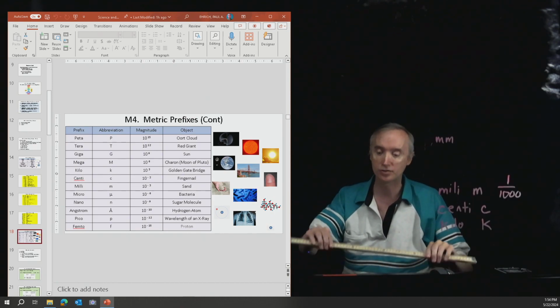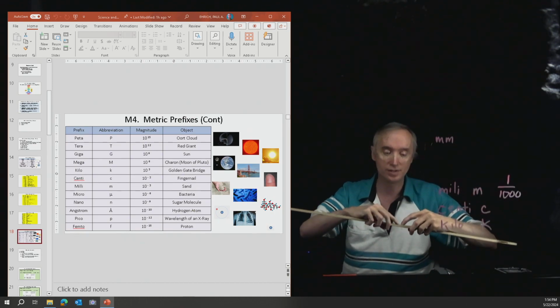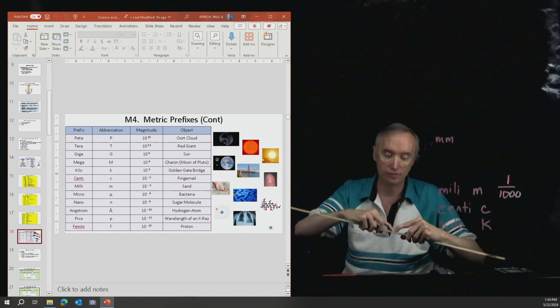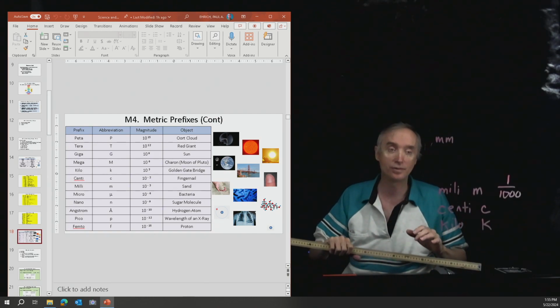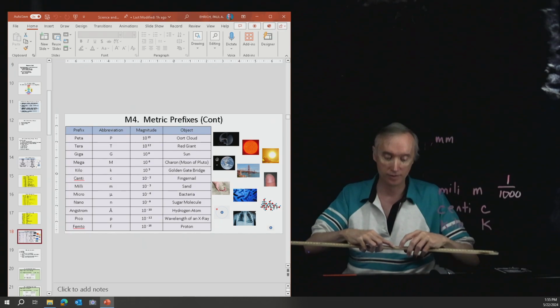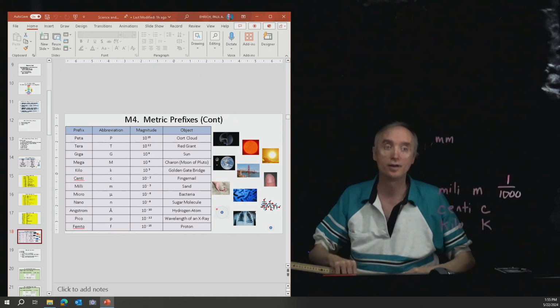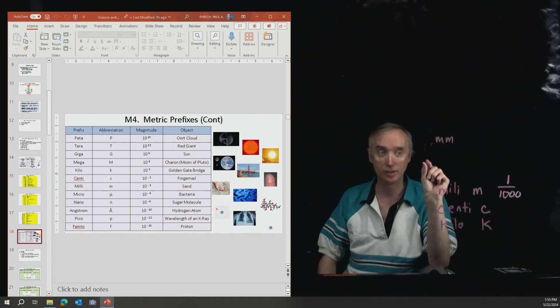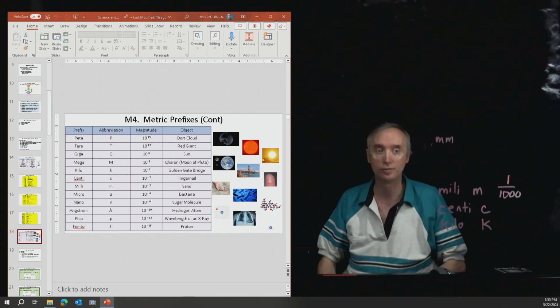If we go back to our meter stick, those are going to be the teeny tiny little tick marks. If you're in America, it's going to be about something like 1/16th of an inch. But this is going to be a millimeter. Another way of thinking about it is a grain of sand is about 1 millimeter in diameter. So 1/1000th of a meter.